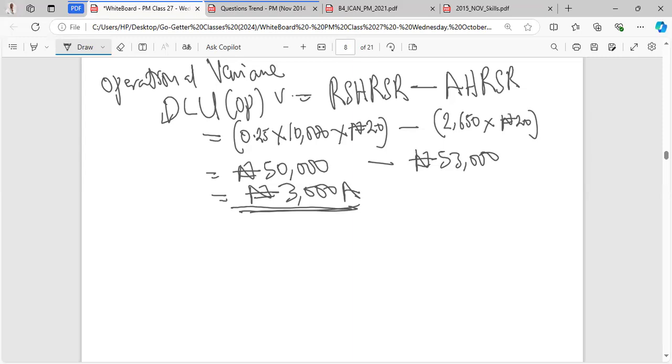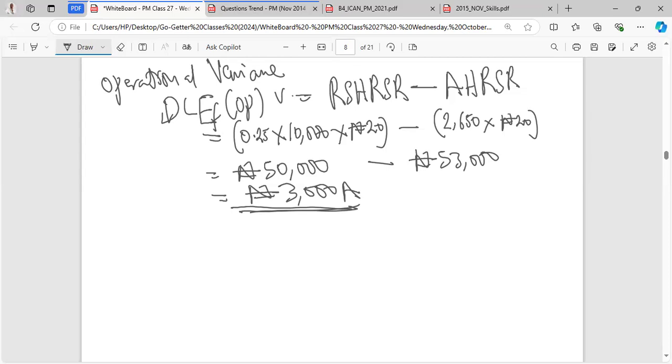Now let's go to rate variance. Okay, no, this is usage. Why am I calling it usage? Efficiency. Sorry, it's not usage. Direct labor efficiency. So it means that they use more hours than what they should have used. They didn't use the hours efficiently.